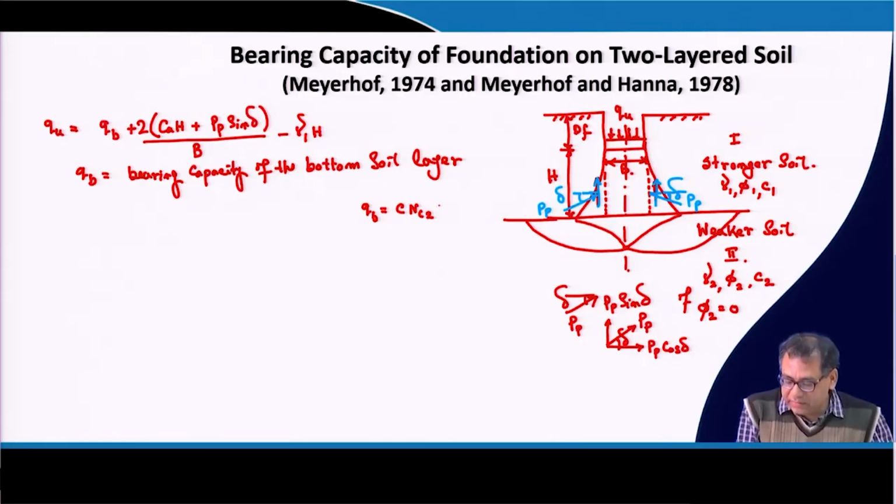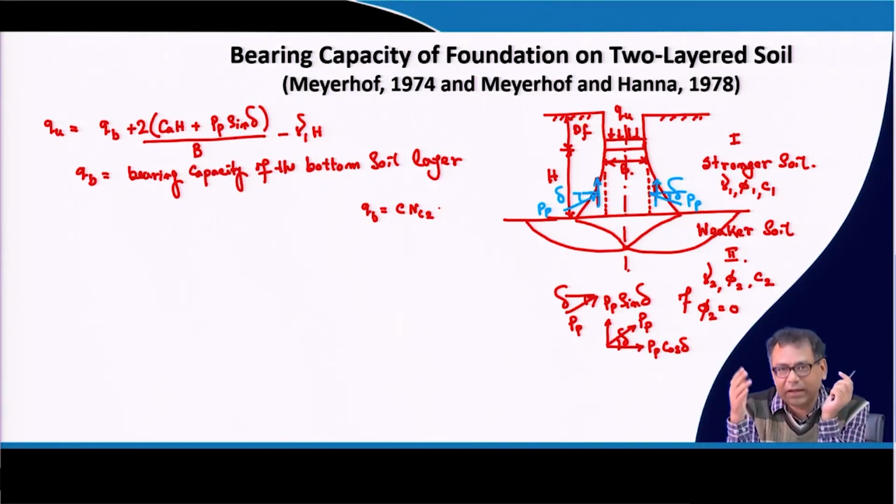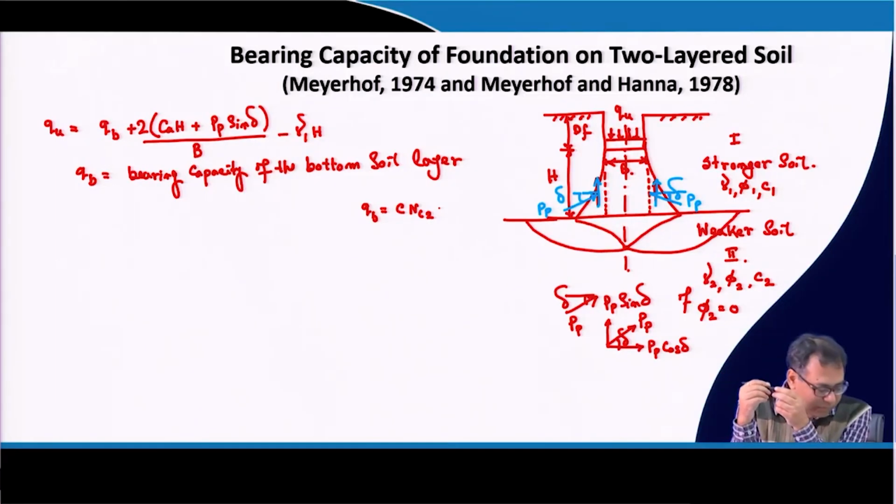Then it is the strip footing. Originally, let us first discuss this for strip footing. For a strip footing, the S C part is equal to 1, and inclination is not given, so I C part is also 1.